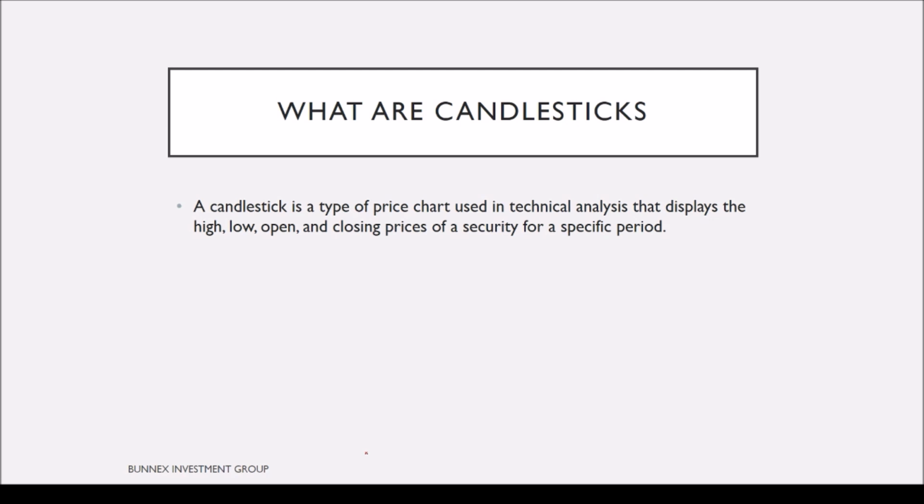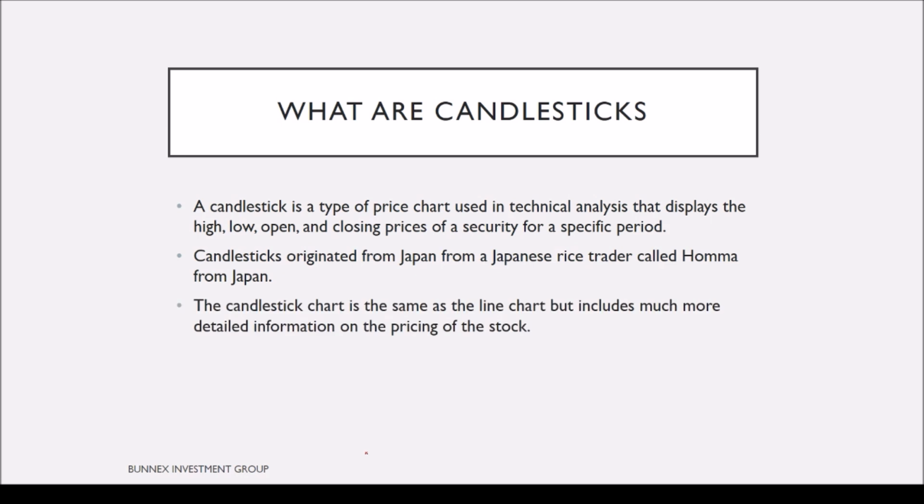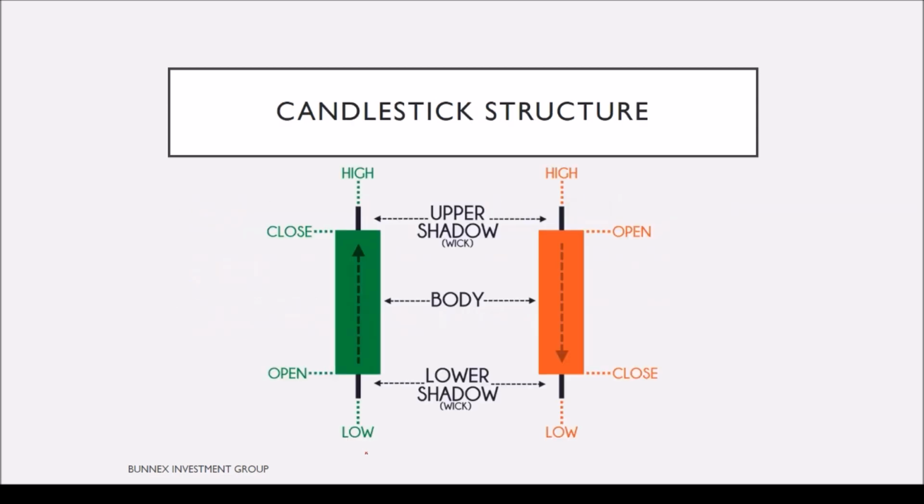By security, we only imply tradable assets like stocks, commodities, shares, bonds, or even forex. Candlesticks actually originated from Japan, from a rice trader called Homma from Japan. The candlestick chart is the same as the line chart, but this one includes much more detailed information on the pricing of a stock. So let's delve into how they actually look.